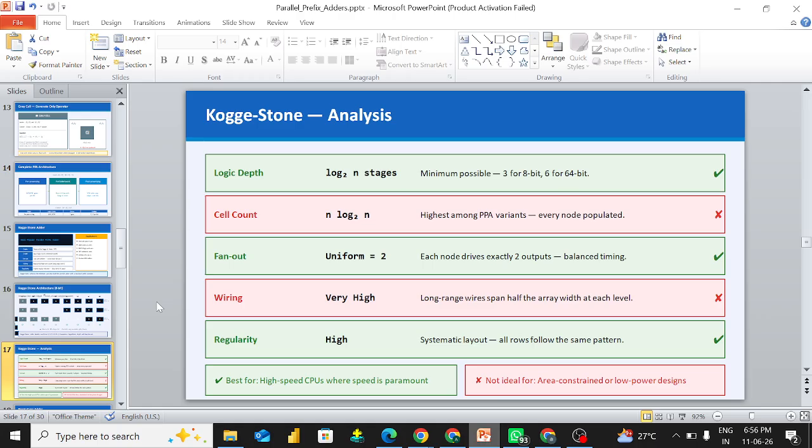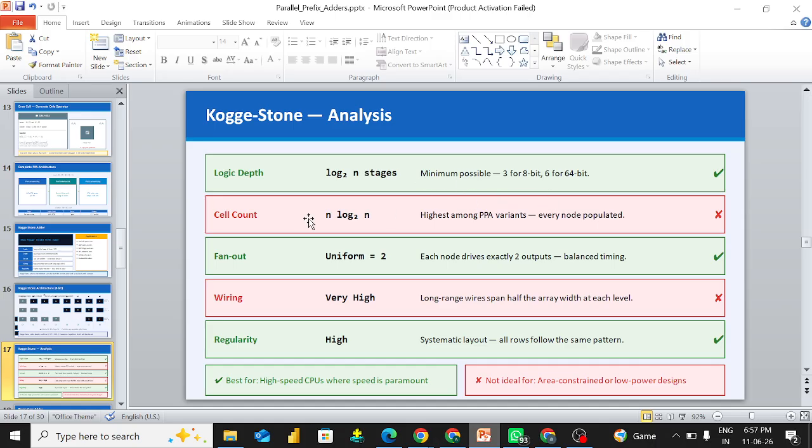In the previous class I said how you define the logic depth or depth levels by using the formula log to the base 2. Using this formula you define the stages and the minimum depths.